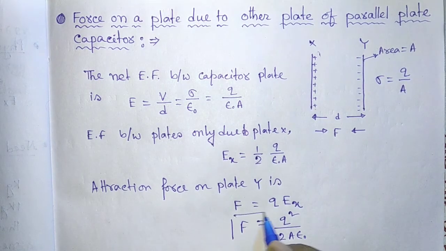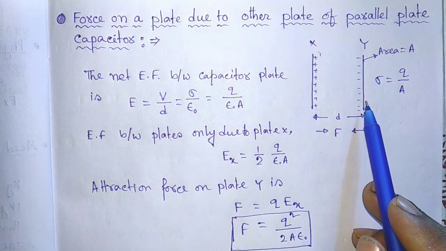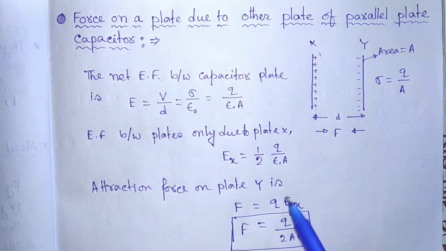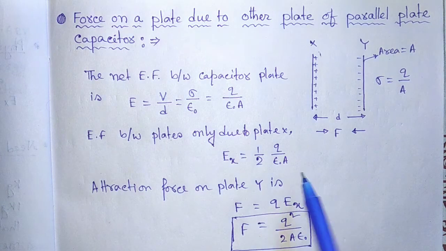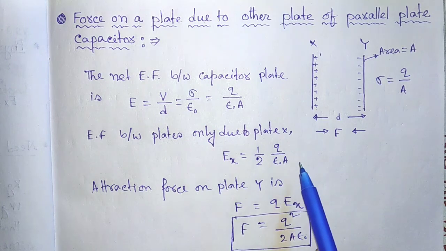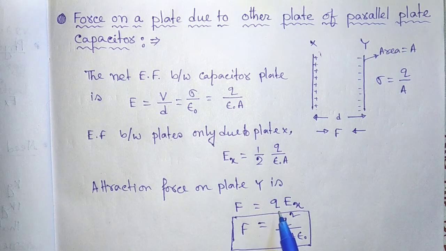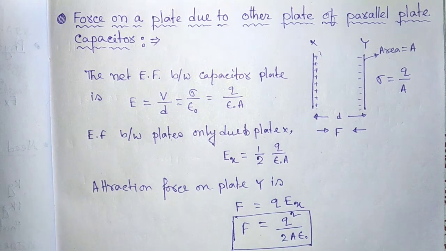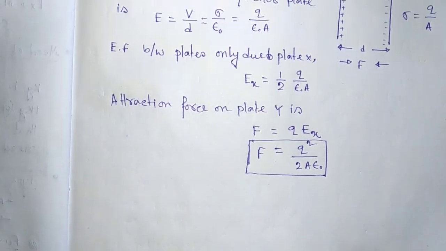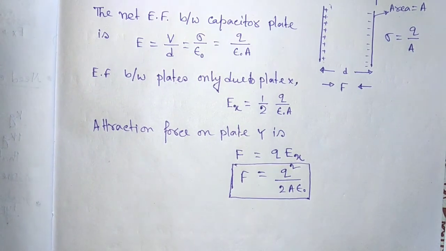So this is the force between the two plates, the force on a single plate due to the other plate. Here also we can consider the electric field between the plates only due to plate Y, Ey is also the same, and the attraction force on plate X is also F equals Q into Ey, which gives F equals Q square by 2A epsilon naught. Alright, so this is the force between the two parallel plates.